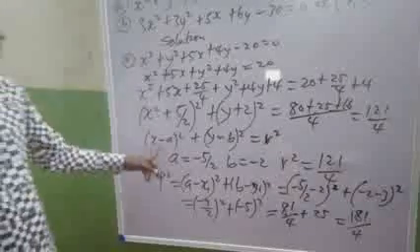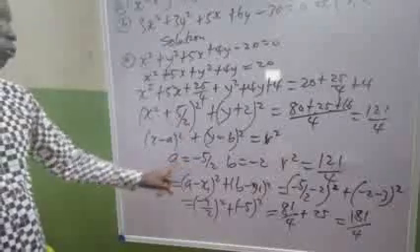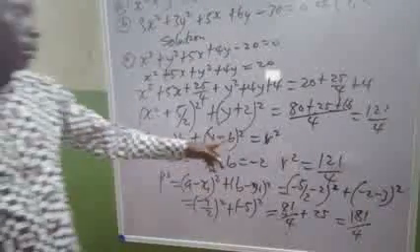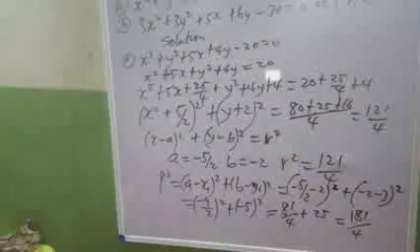So our a is any number that stands in this place. Minus a is equal to 5 over 2, so a will be equal to minus 5 over 2. The same thing goes for b. b will be equal to minus 2, and r squared is equal to 121 over 4.